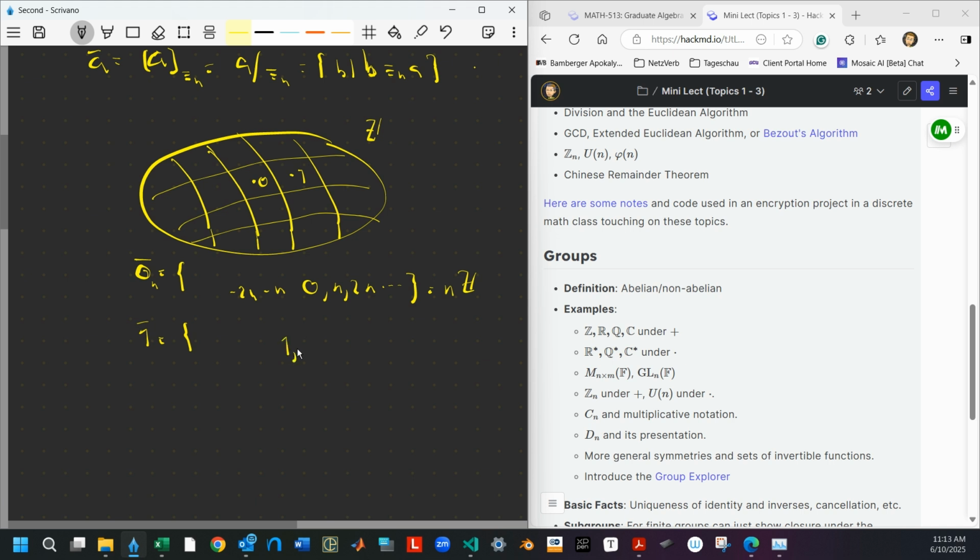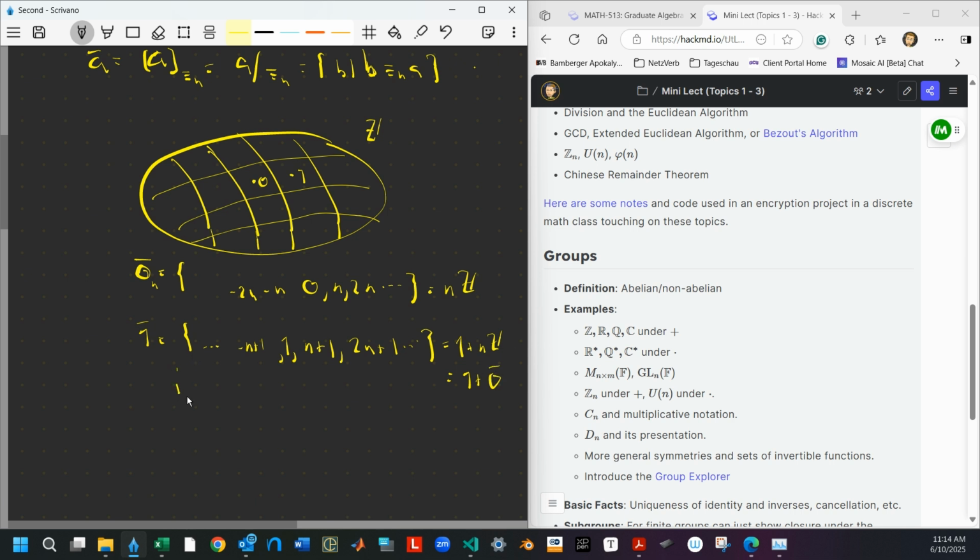So it's going to be 1, n plus 1, 2n plus 1, etc., and going the other way, minus n plus 1, minus 2n plus 1, etc. If you look at that for a second, you'll see that's actually 1 plus nZ, or if you like, 1 plus 0 bar. That's an easy way of doing that.